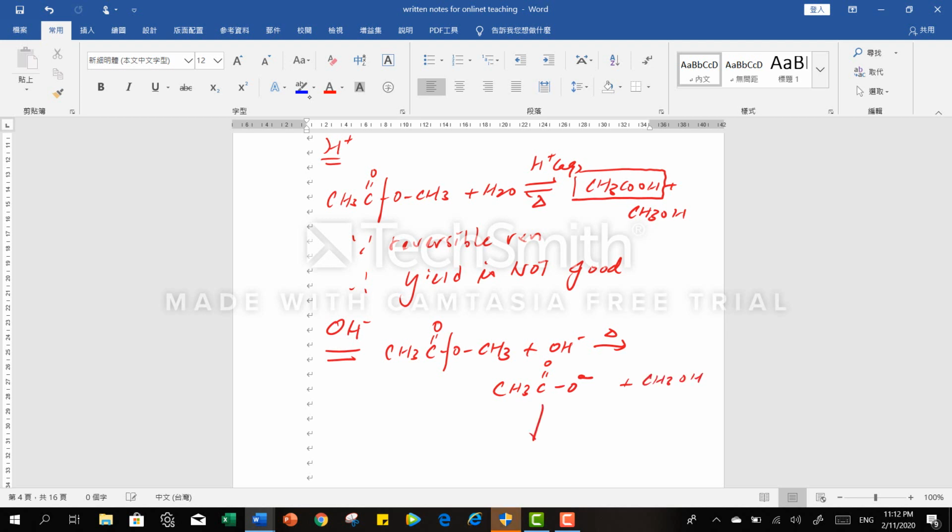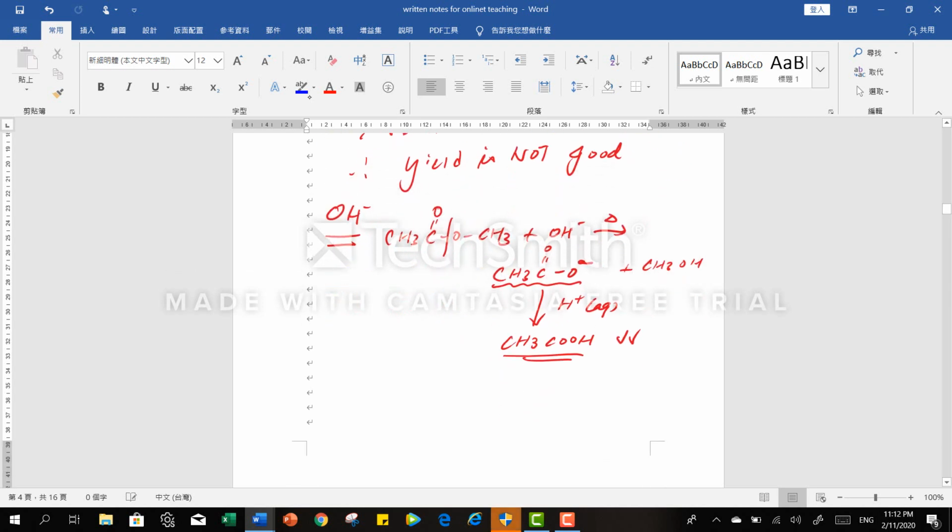Now for this carboxylate ion, if you add a few drops of acid into it, it can be acidified back to carboxylic acid very easily. In this way, the yield is good. You just have to do one more step, that is acidify the salt. Because it is a complete reaction, basically you can successfully convert all of it all the way to carboxylic acid.